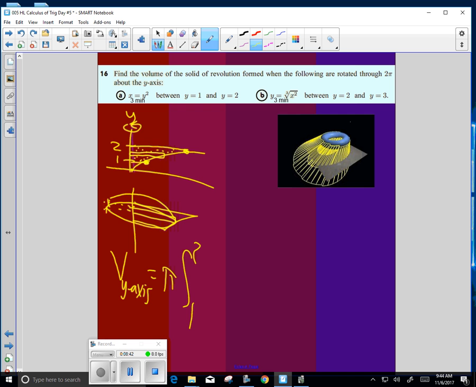But what we're going to do here is we're going to have to solve, well, we have solved for x already, so this is going to be y squared squared. Solve for x and go y to y. So just a little solve for x and go from y1 to y2.